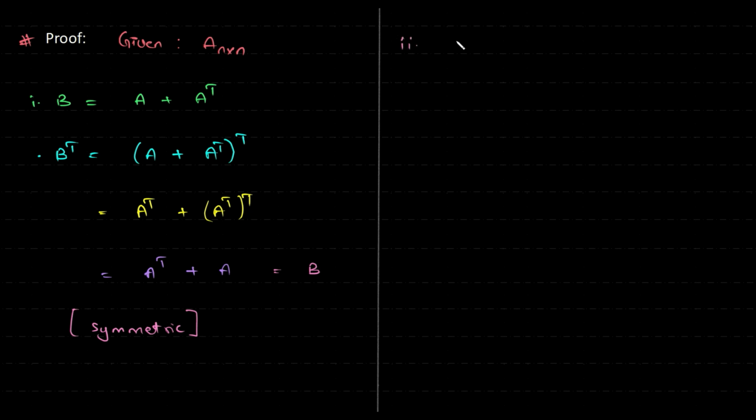Now, next thing, if I happen to take D, which is A minus A transpose, and take the transpose of this, we get A transpose minus A transpose of transpose. So we have seen this property with transpose.